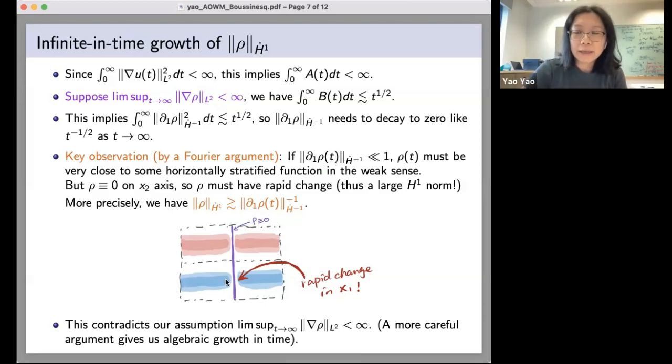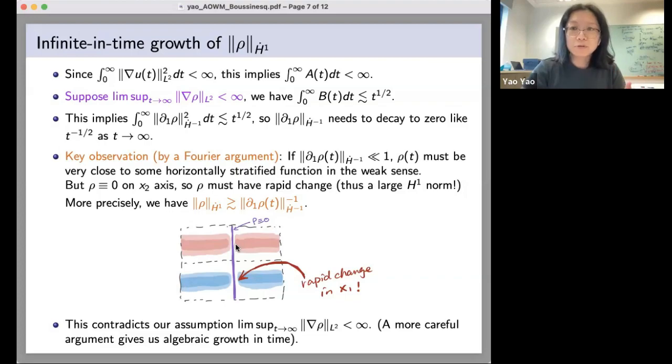Now we can try to picture that if I tell you that, in the weak sense, a function is very close to something that is horizontally stratified, but my function has a 0 value on the vertical axis, then it's not possible to have such a function unless the function has a really rapid change in the x1 variable across this line.